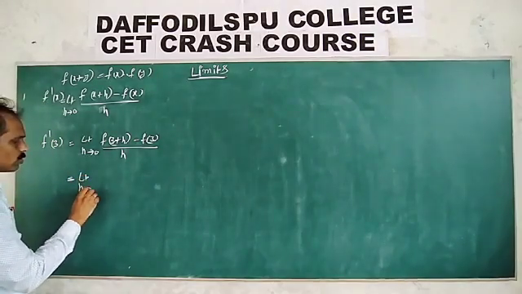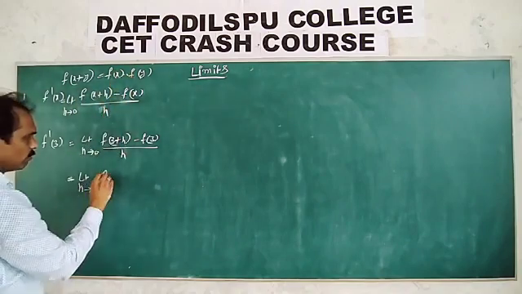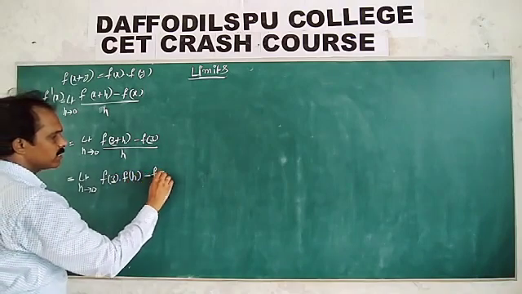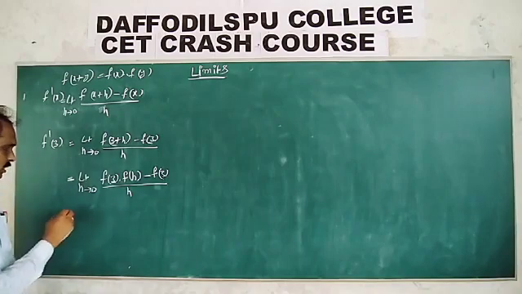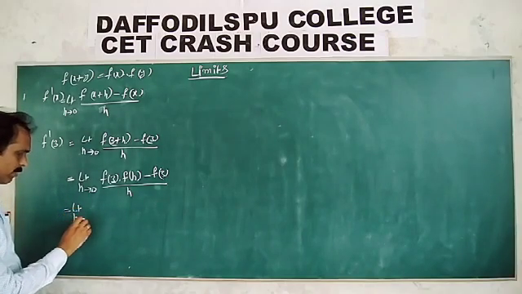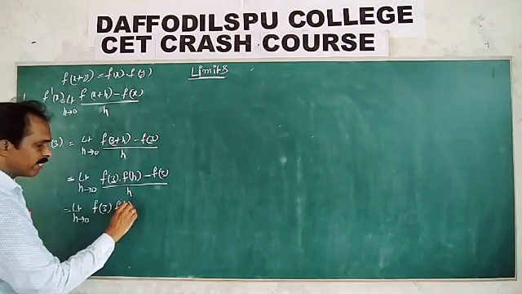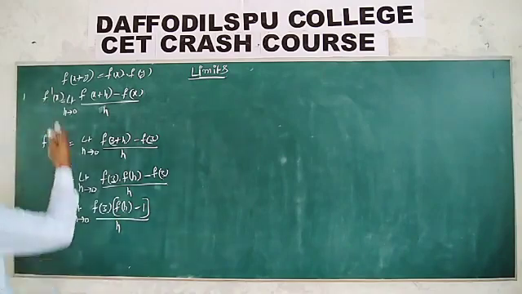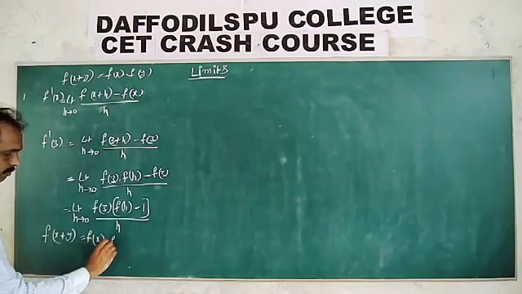Limit h tends to 0, f of 3 into f of h minus f of 3, divided by h. In this, f of 3 is a common term. Limit h tends to 0, f of 3 into f of h minus 1, divided by h.